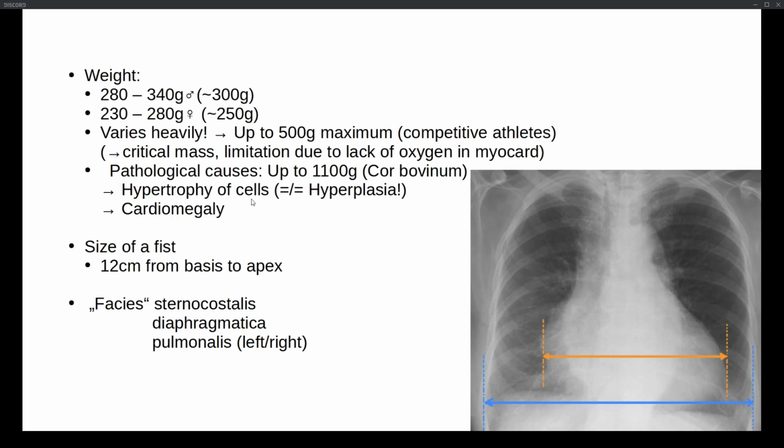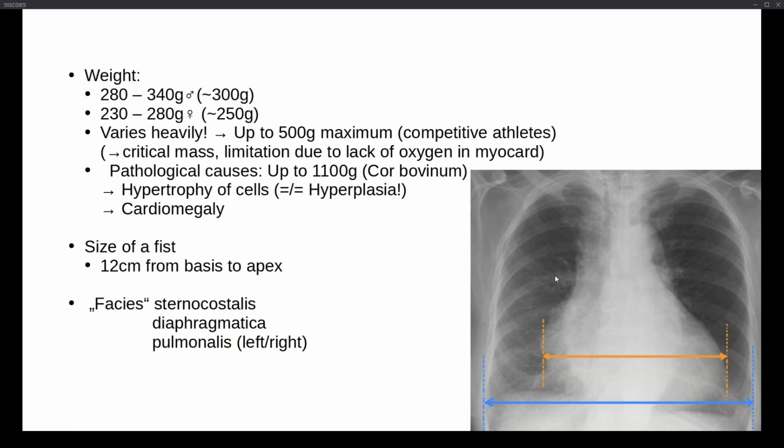What is interesting is that the heart cells only go through hypertrophy, so the cells themselves get larger and do not divide, which would be a hyperplasia. So you don't necessarily have many more cells, just bigger cells.